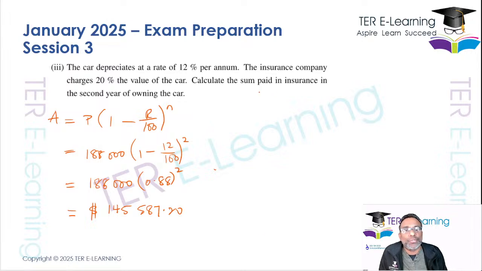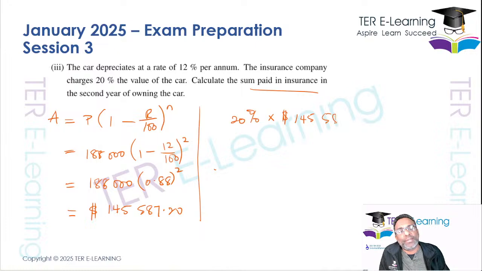So the question wants to know what is the sum paid in insurance. Now, if the insurance is 20% of the value of the car, all we need to do is work out 20% multiplied by the figure we just got, which is 145,587.20. So this is your insurance here, which is 29,117.44.